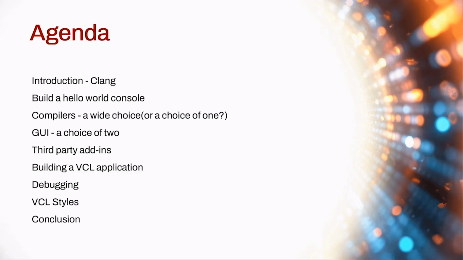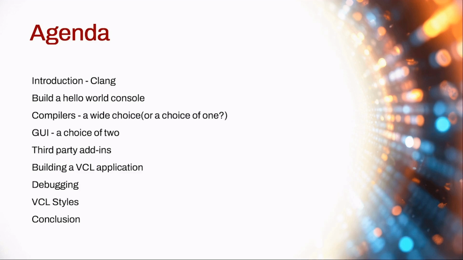What are we going to talk about? Well, a brief introduction into Clang. Then we'll demonstrate building a simple Hello World console, because that's what you have to do whenever you're starting with a new language presentation.